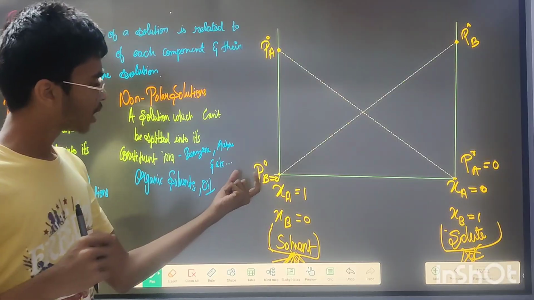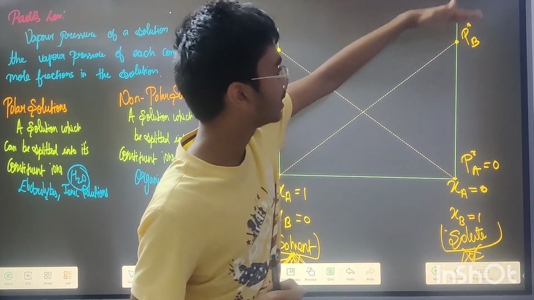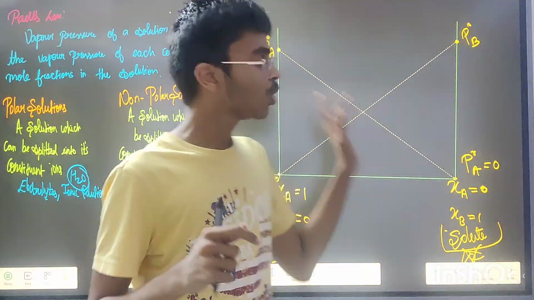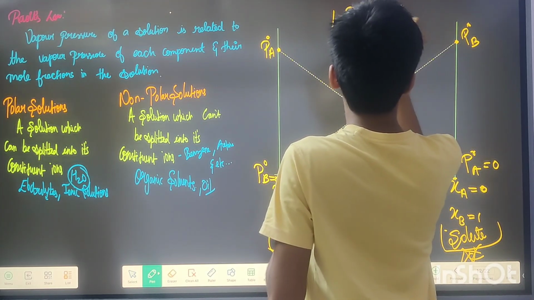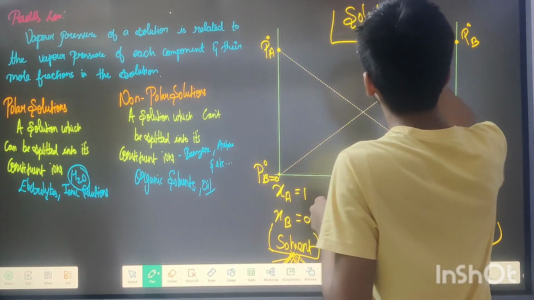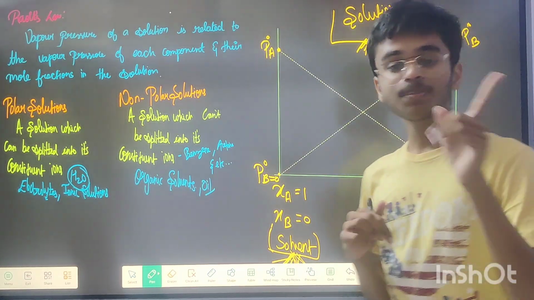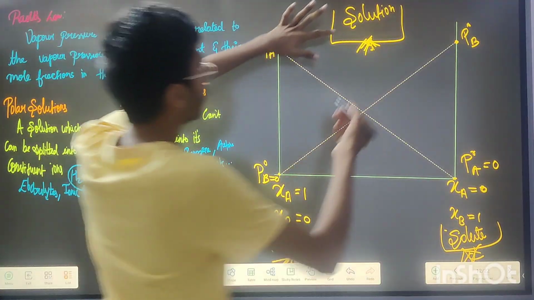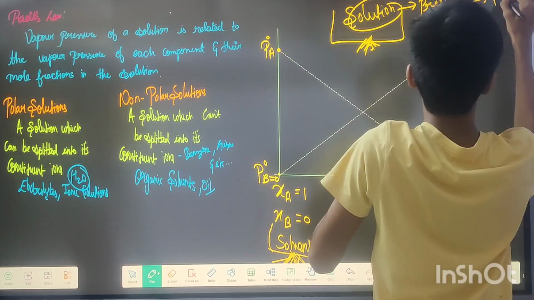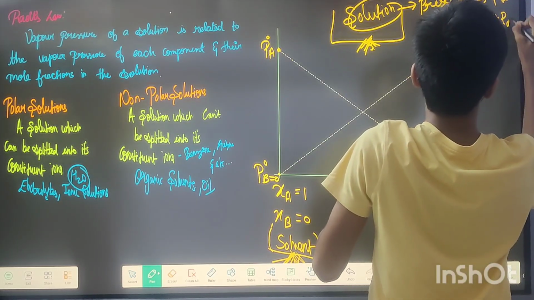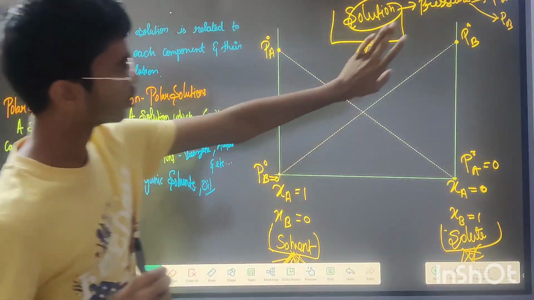Next, when you are boiling this XB, first it will be just XB. Now, when you are adding this solvent and solute, here it is going to be just the solution. When you boil a solution, it is going to give you some pressure, right? This solution's pressure is going to have PA and also PB.